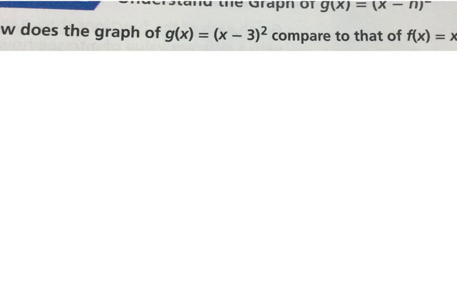Everything on the inside does the opposite of what you think it should do. So a -3 is going to shift the graph right 3, and a +3 is going to shift the graph left 3. They go the opposite of what your gut tells you.